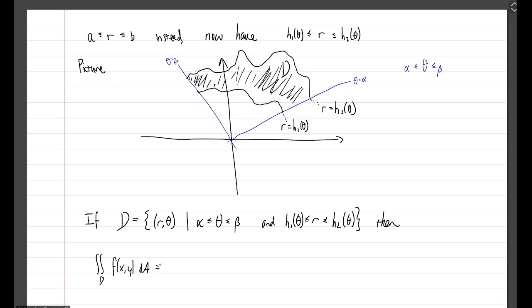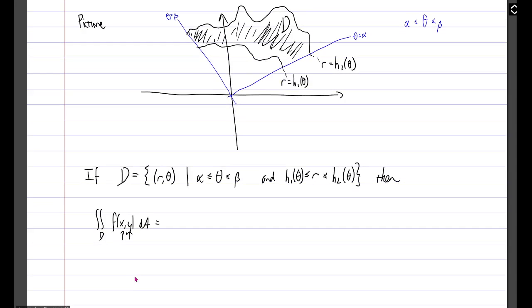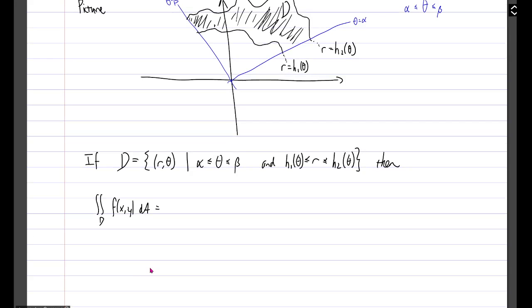You might have a function presented using x's and y's, but to write this in polar coordinates, the dA would, as usual, convert to r dr d theta. Your theta values would go from, as we see here, alpha to beta.